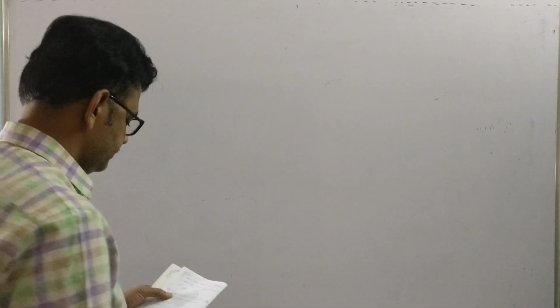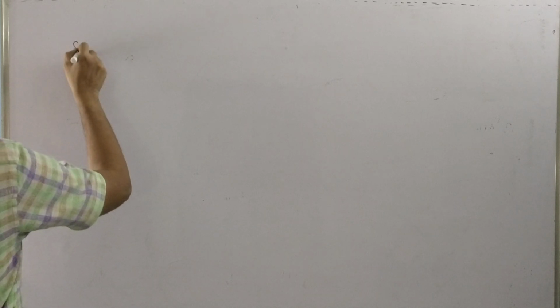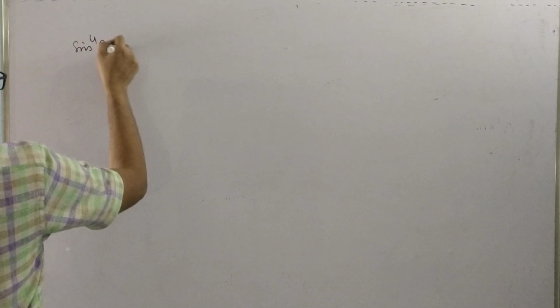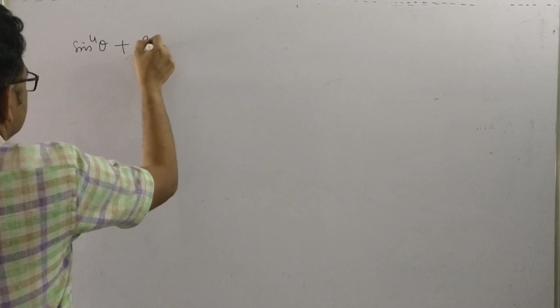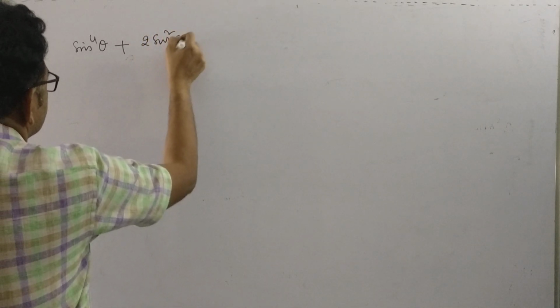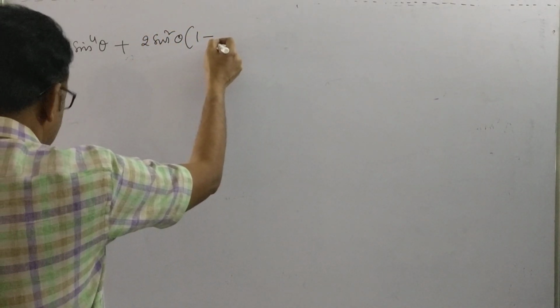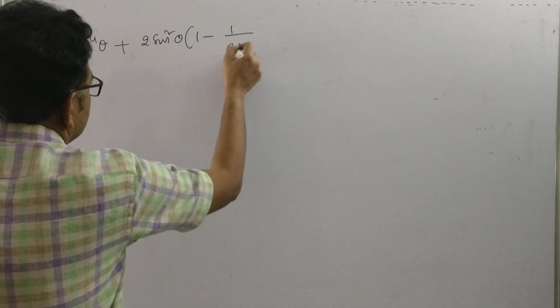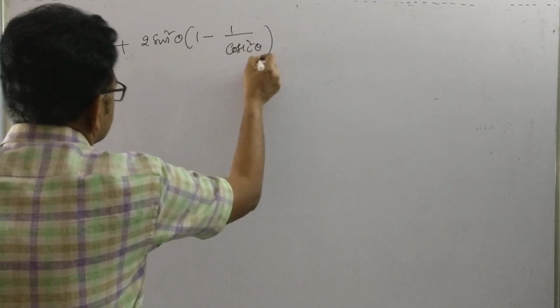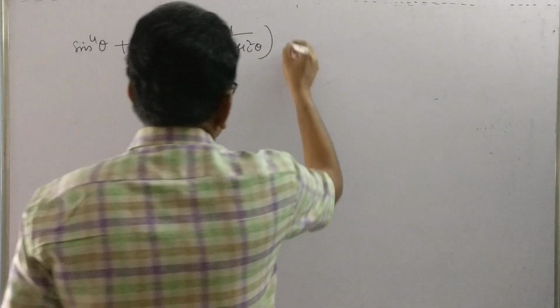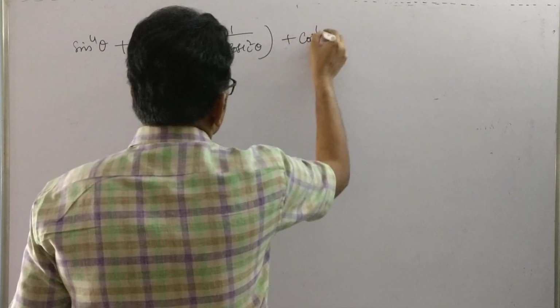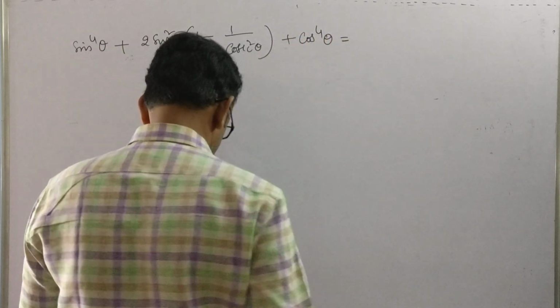Next one, sin⁴θ + 2 sin²θ (1 − 1/cosec²θ) + cos⁴θ is equal to?